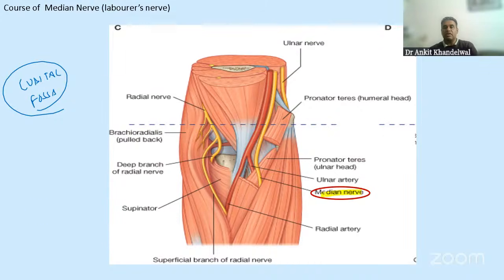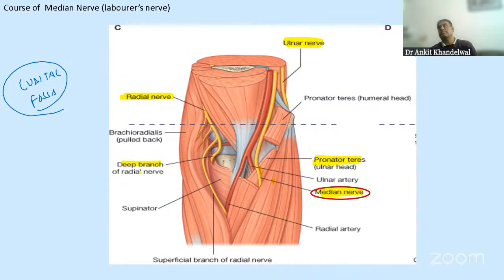One is this median nerve, encircled already. See, it is going between two heads of which muscle? Pronator teres. So the median nerve passes through the two heads of the pronator teres muscle. Then we have, on the lateral side, the radial nerve, as you can see. The radial nerve will divide into a deep branch and a superficial branch. That is a different thing that we'll see later on. And lastly, one over here, don't miss the ulnar nerve.